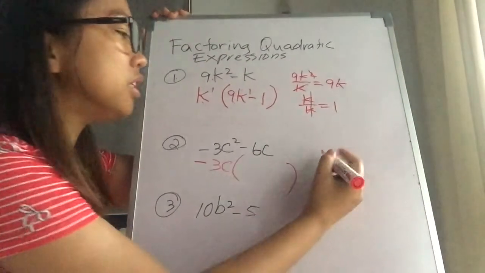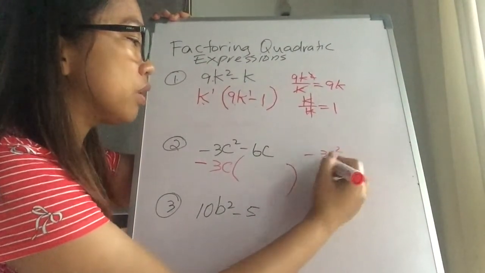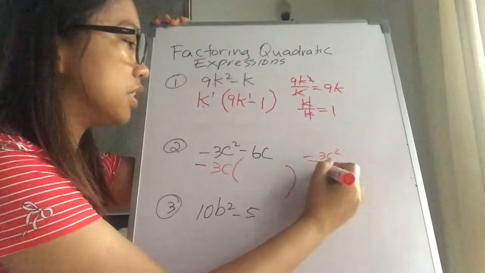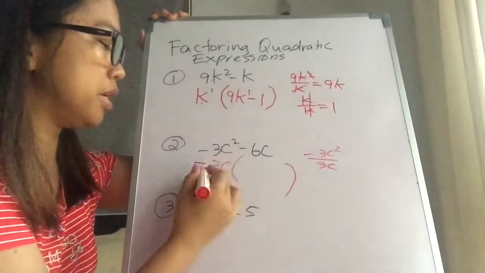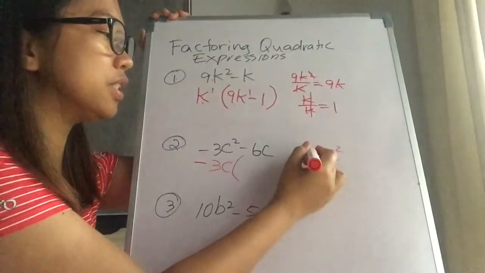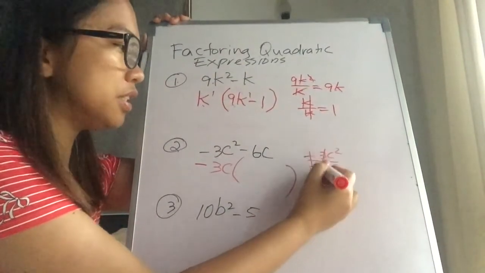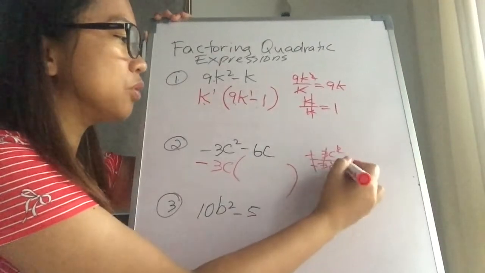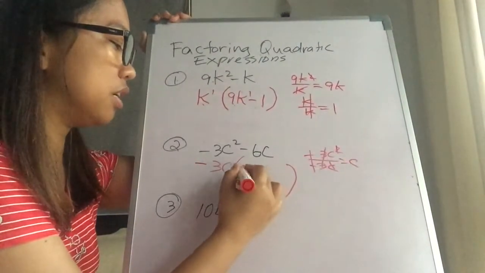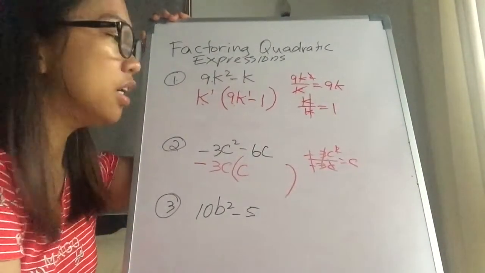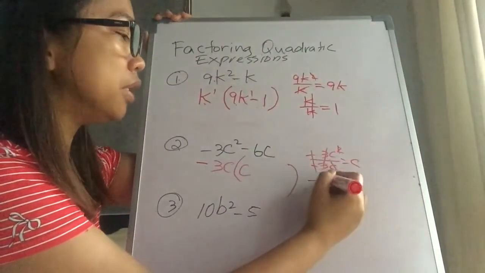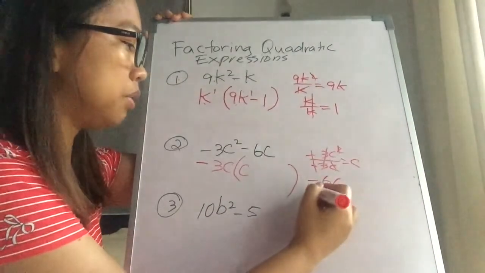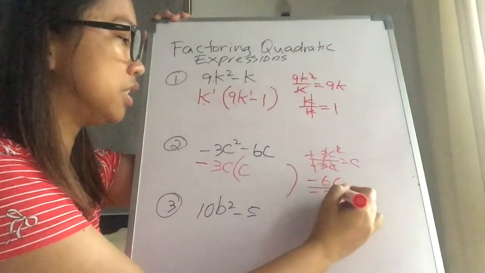You divide it. So, minus 3c squared divided by 3c. Minus, don't forget. The minus cancels, the 3 cancels, the c cancels, and one c remains, which is c. Next, minus 6c divided by minus 3c.